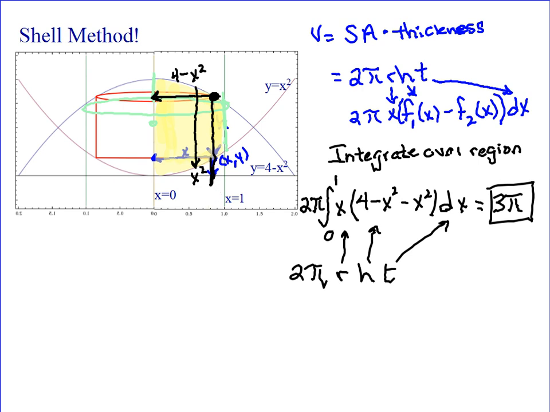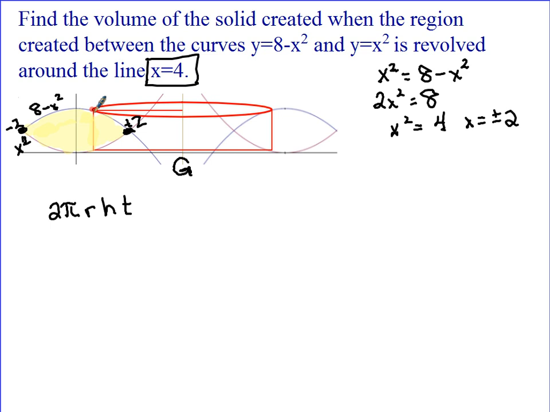But now if I look, the radius here, that's not x on the x-axis, that's 4. What's x on the x-axis? If I draw this point, this is x on the x-axis. If I follow it down, that's how far x is, that's the point x comma y. And all the way across would be 4.